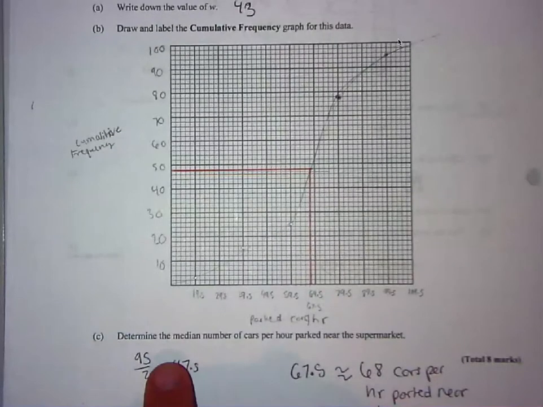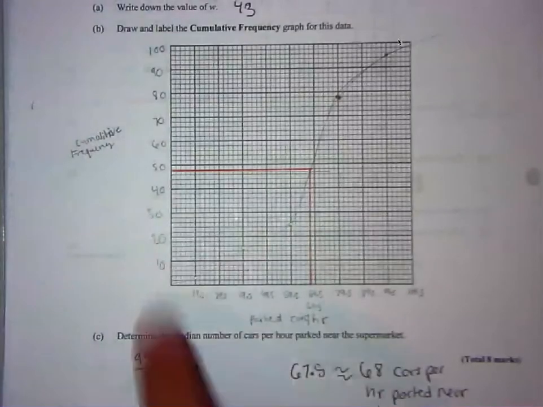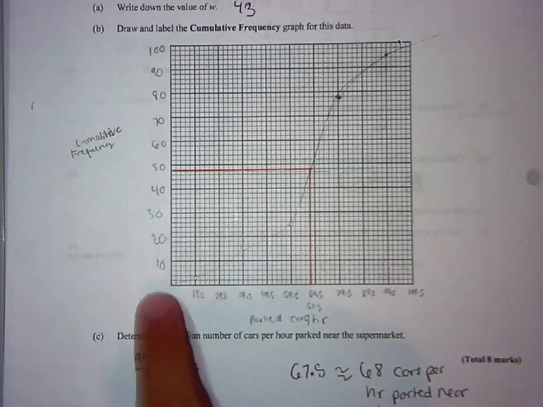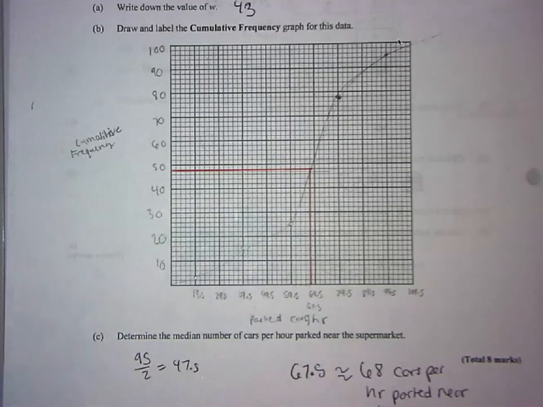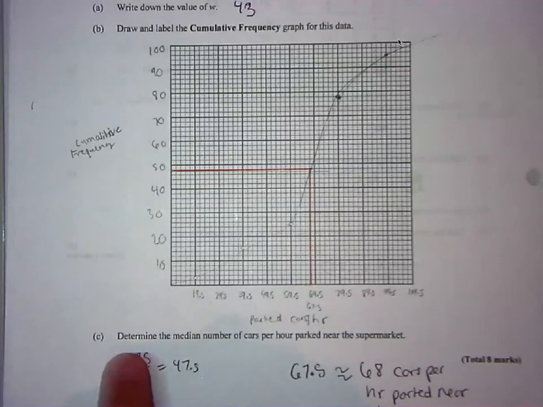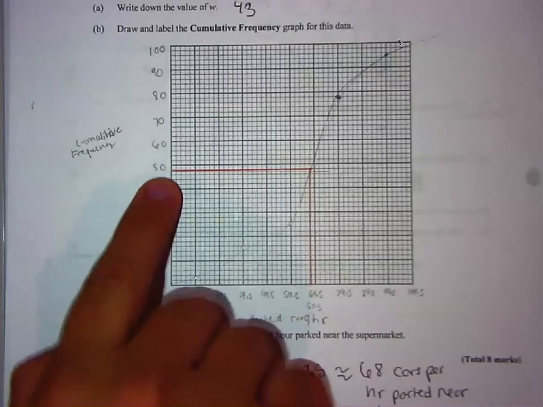So it's determine the median number of cars per hour. Well, the number of cars per hour is represented on the x-axis, see here, cars parked per hour. So it's determine the median, so you would say, okay, well, out of 100, the 50th mark is here.